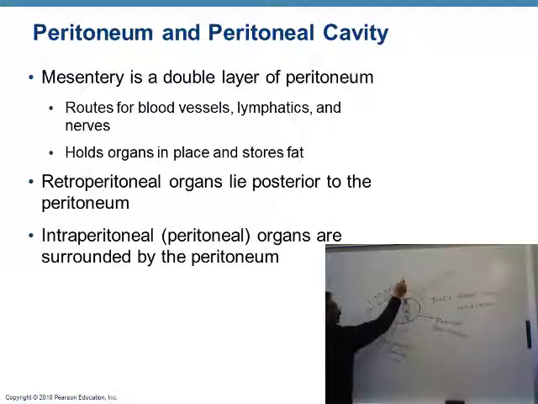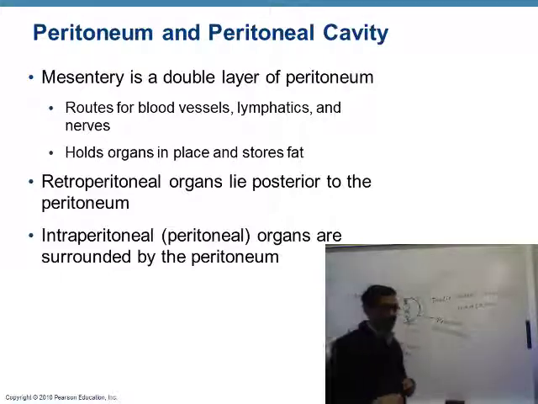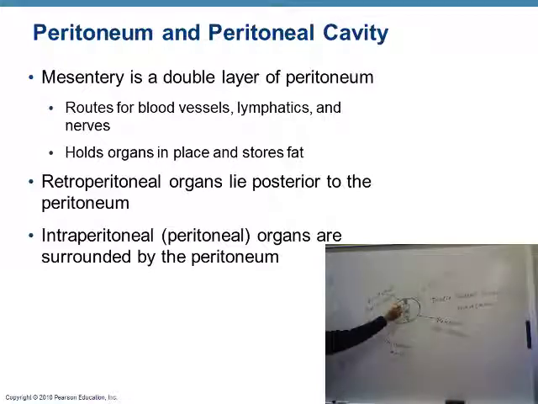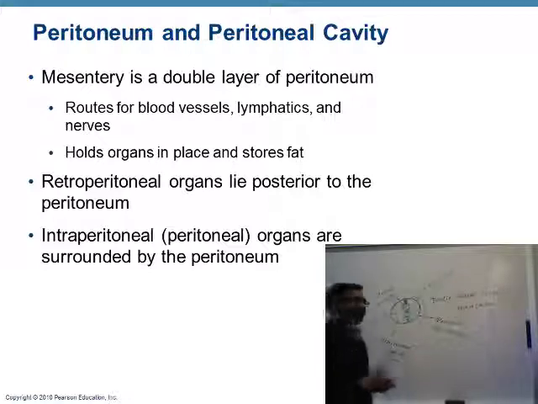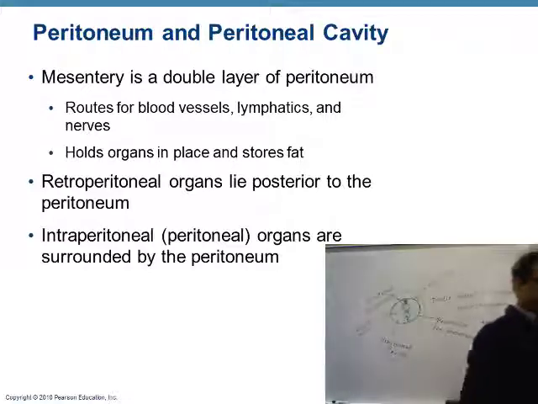For example, this is the back of the body, this is front. In the back here, you have two kidneys. So kidneys are outside of the peritoneal cavity or peritoneum, and these are called retroperitoneal. So intraperitoneal inside, and outside is retroperitoneal. For example, kidneys.